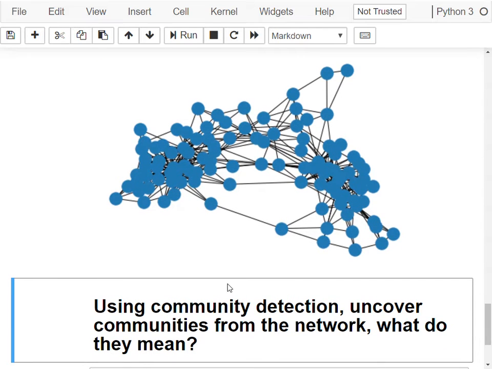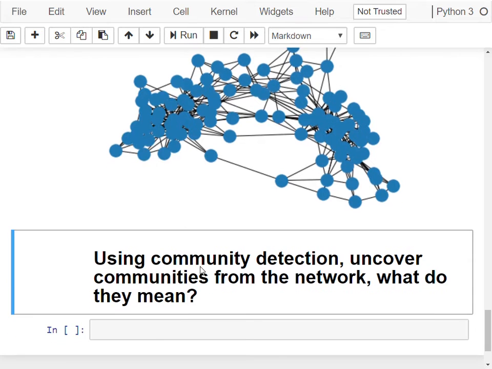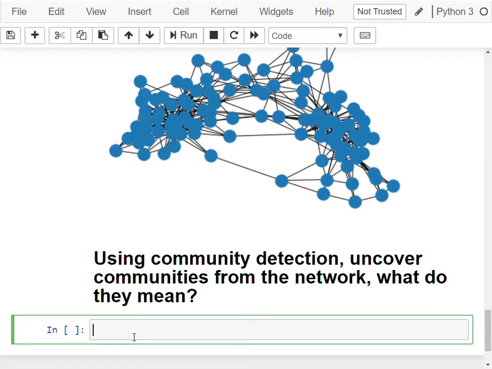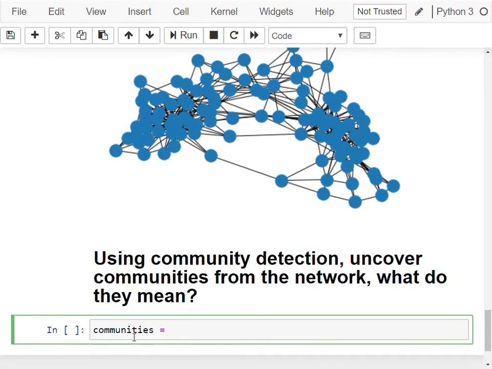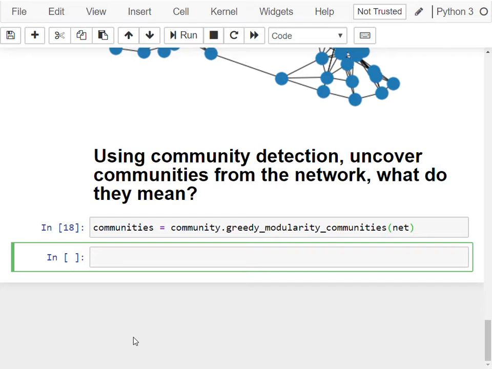To systematize this process, we're going to use community detection. We're going to use the greedy modularity community detection algorithm. We've already imported the module community from NetworkX. So what we need to do is call the function greedy_modularity_communities and pass in the network net to it.